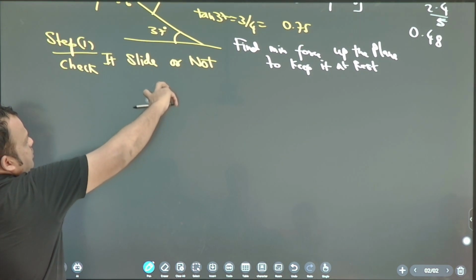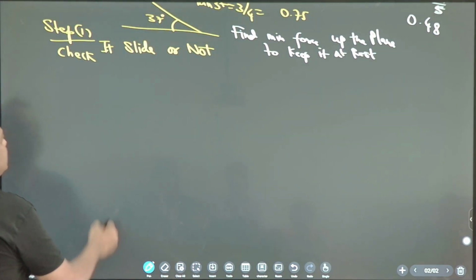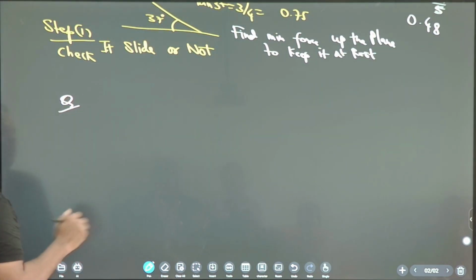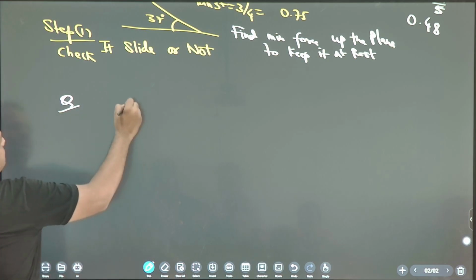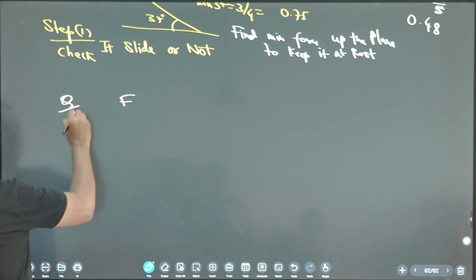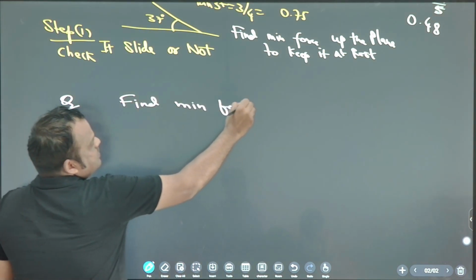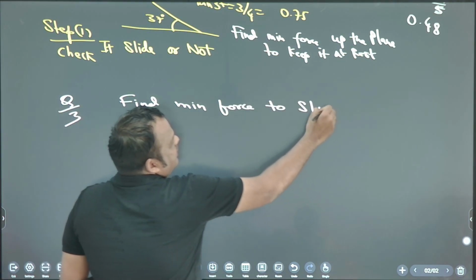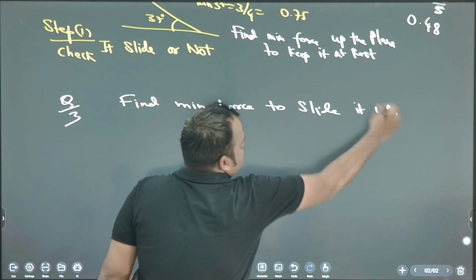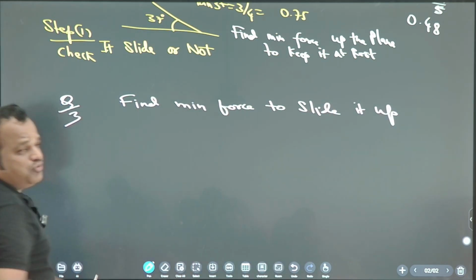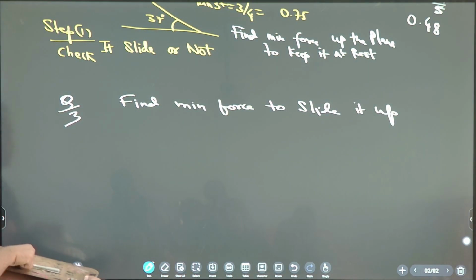Okay. Now next I want to slide it up. Now you solve. This is the third question. Find minimum force to slide it up. If you want to slide it up, friction will act where?